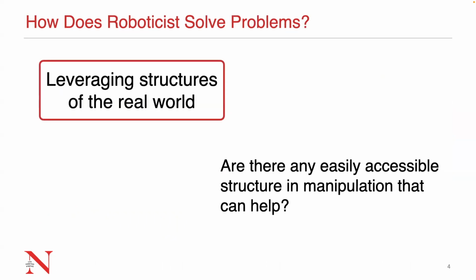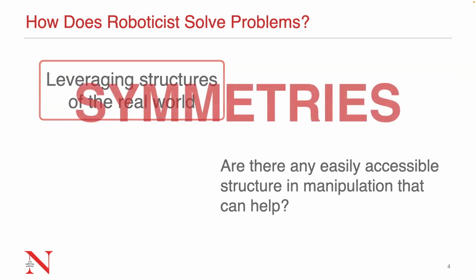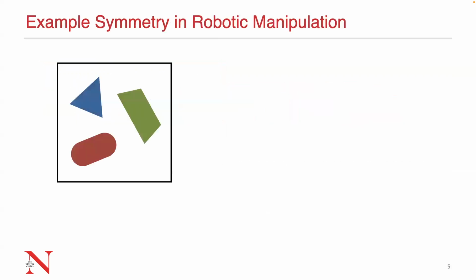In geometric machine learning, we try to identify some geometric property of our machine learning task, and then we find the best equivariant learning algorithm to solve it. So, are there any easily accessible structures in manipulation that can help? The answer is definitely symmetries, what we have been learning in this course.